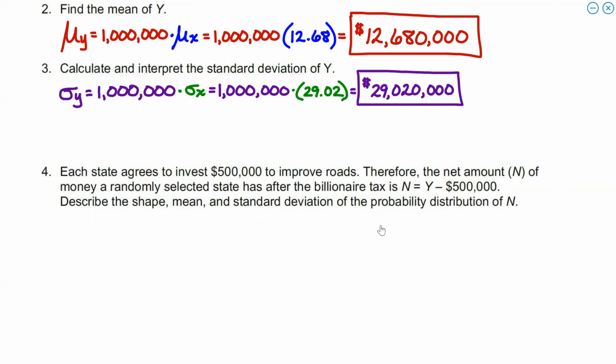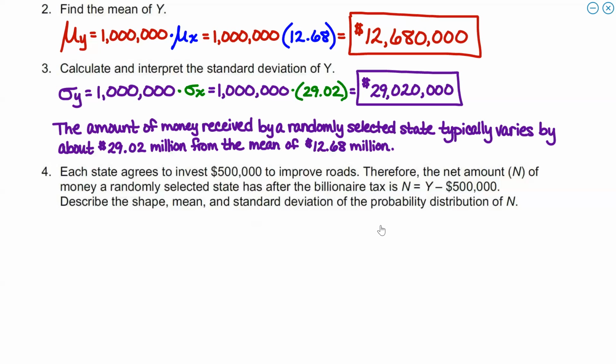Explain to me what this is representing. Yes. The amount of money received by a randomly selected state typically varies by about 29.02 million from the mean of 12.68 million.